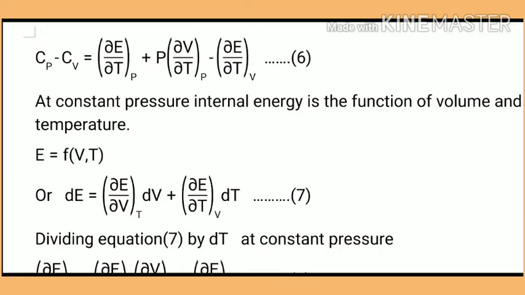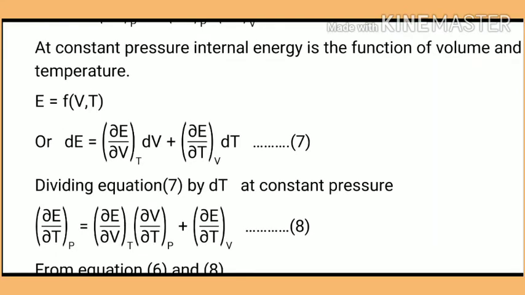So we differentiate E with respect to V at constant temperature and multiply it with dV, and in the second term we differentiate internal energy with respect to temperature at constant volume and multiply with dT. So we get equation number 7.